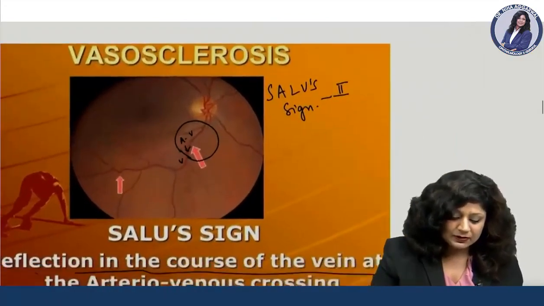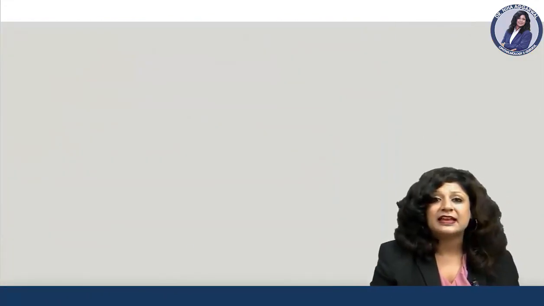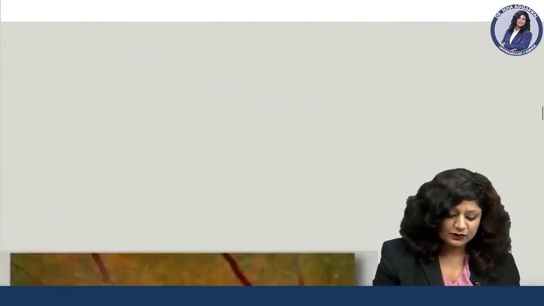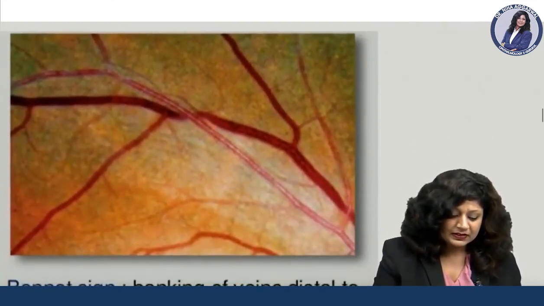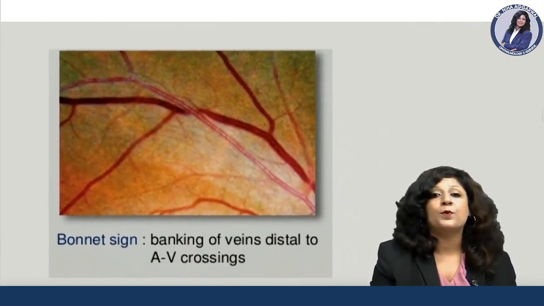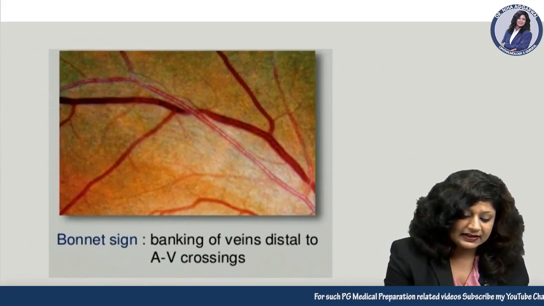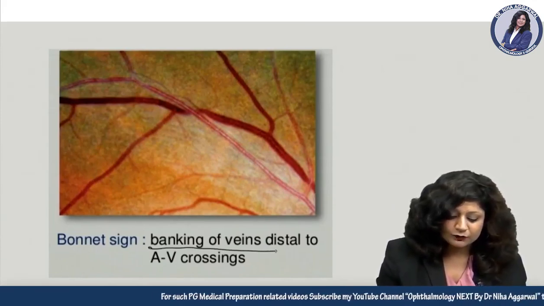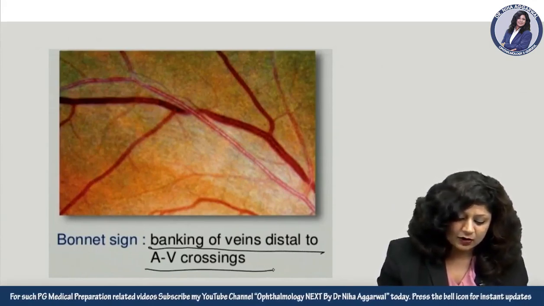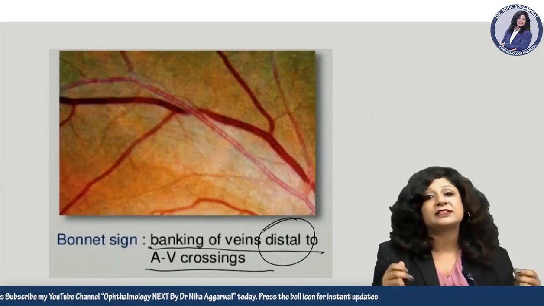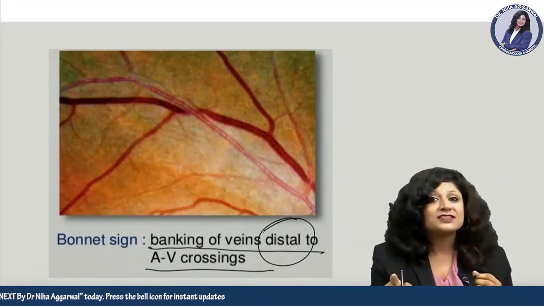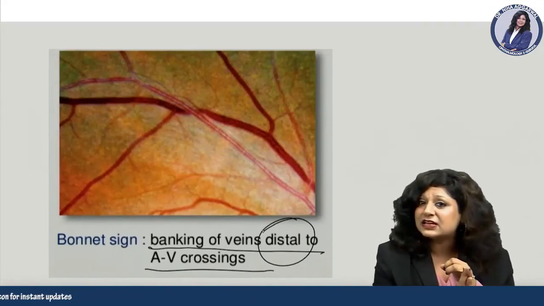Alright, now coming to the next one. The next sign that you get in cases of hypertension retinopathy is called the Bonnet sign. Now what is the Bonnet sign? This is banking of the vein distal to the AV crossing. So here what is important is the distal. There it was at the AV crossing. Here we have distal to the AV crossing.